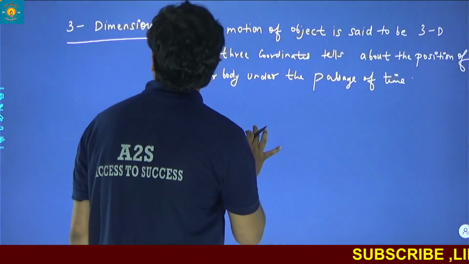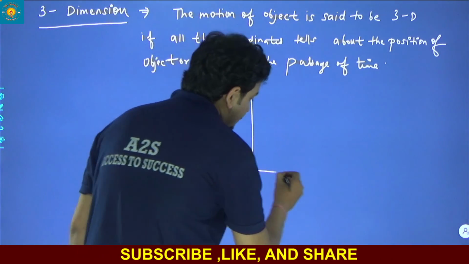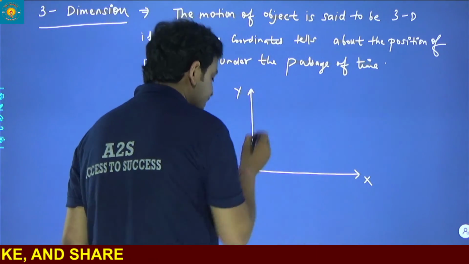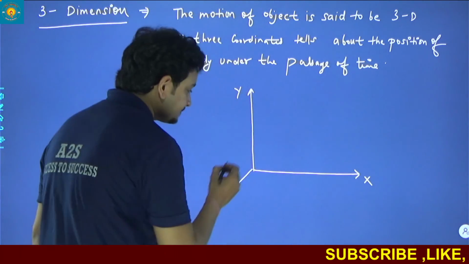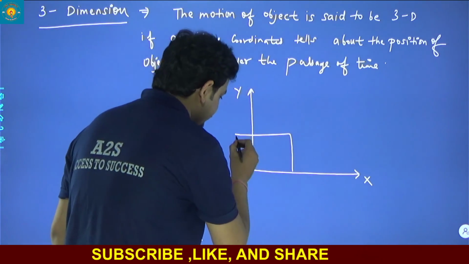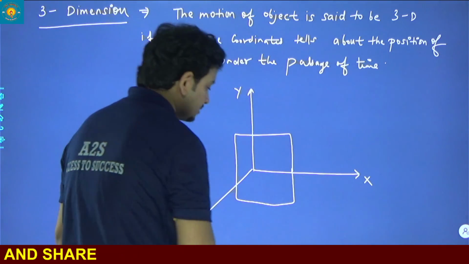Take the graph. Let's see. X-axis, Y-axis, Z-axis. Clear? We take one body like this.